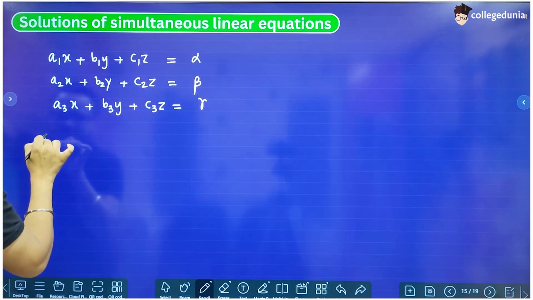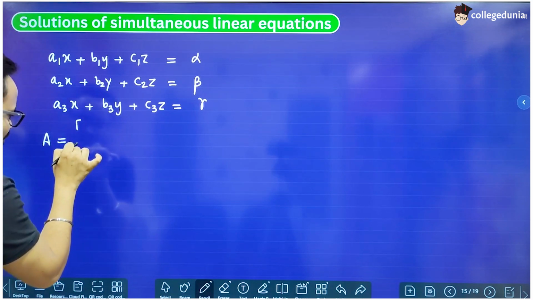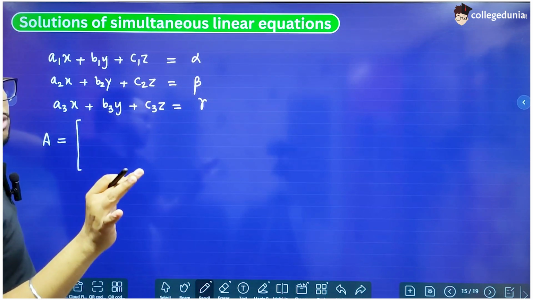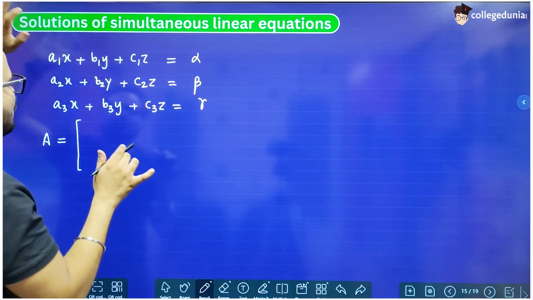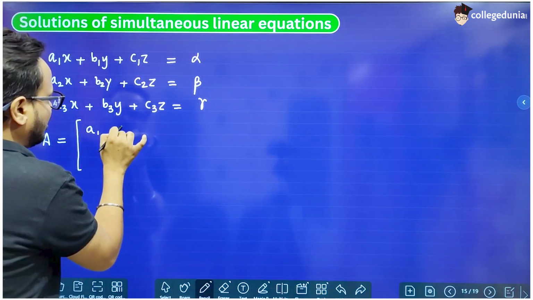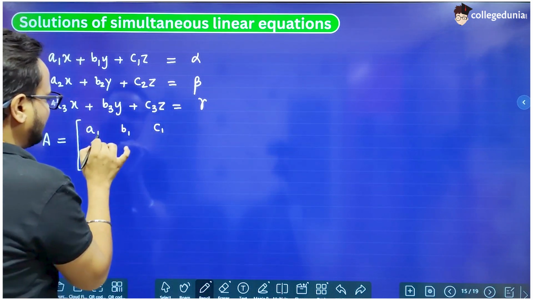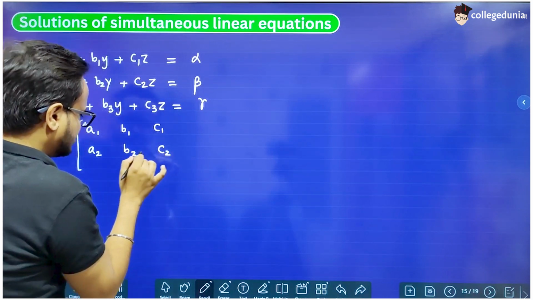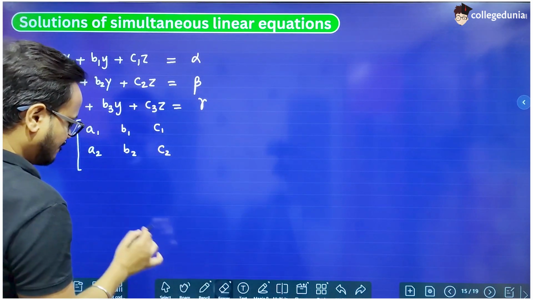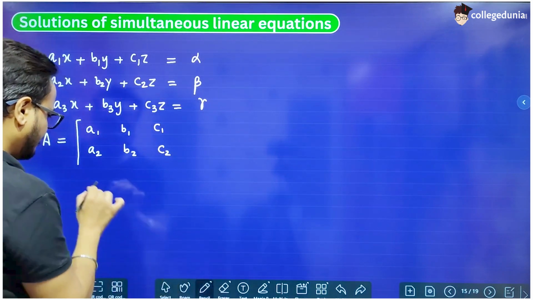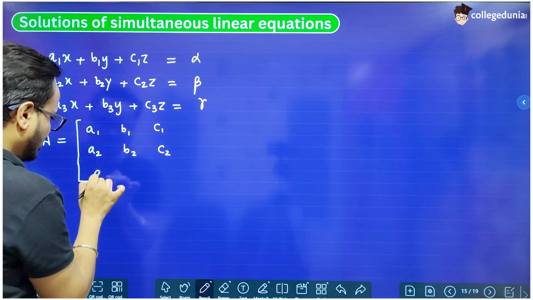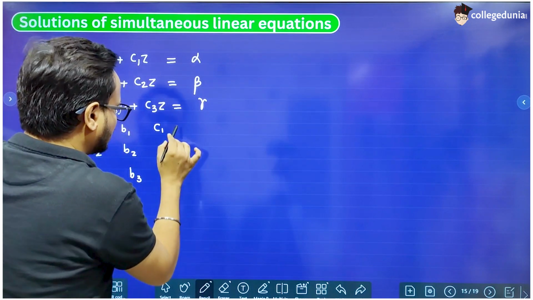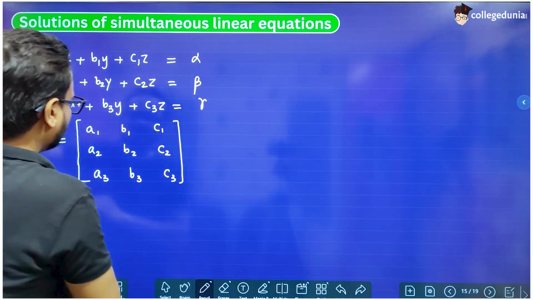So let's make a matrix. Using the equations, you have to make these three matrices. First matrix is a 3 by 3 matrix in which you will write the coefficients of all these equations: A1, B1, C1, A2, B2, C2, A3, B3, C3.